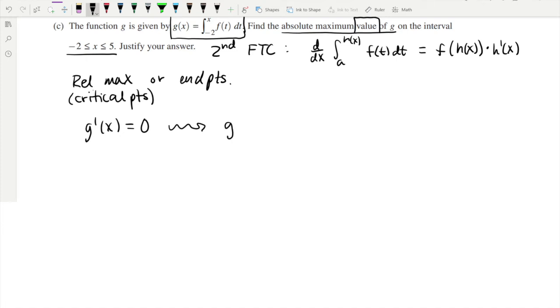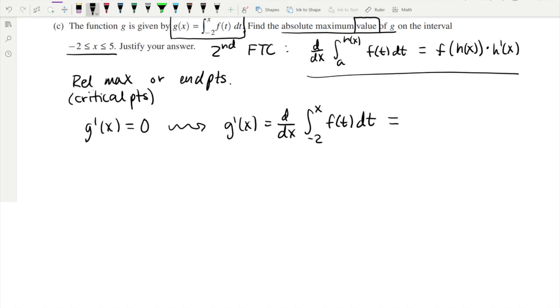So g prime of x of the function g, which is given to us as this integral, by the second fundamental theorem of calculus up here is f of x times the derivative of x, which is just 1. So this is just f of x. Well, that's good, right? We wanted g prime of x to be 0, but g prime of x is f of x.